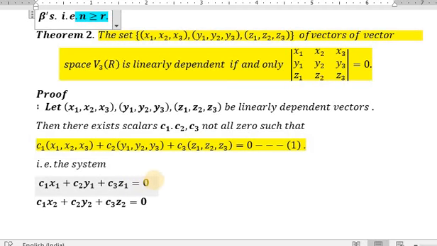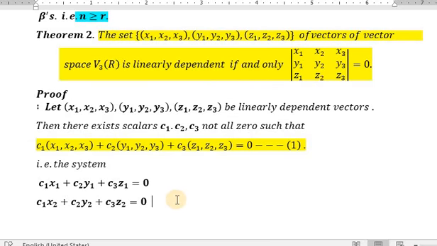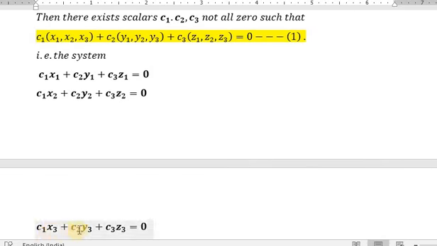That is the resultant equation. So c1 x1 plus c2 y1 plus c3 z1. Similarly, operating with the second elements, you get c1 x2 plus c2 y2 plus c3 z2 is equal to 0. Then for the third element, we get c1 x3 plus c2 y3 plus c3 z3 is equal to 0.